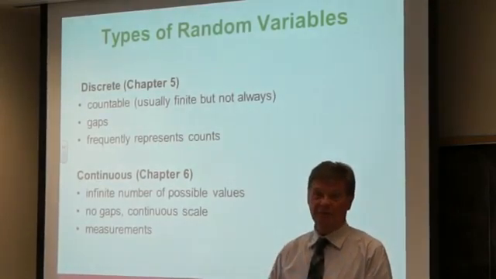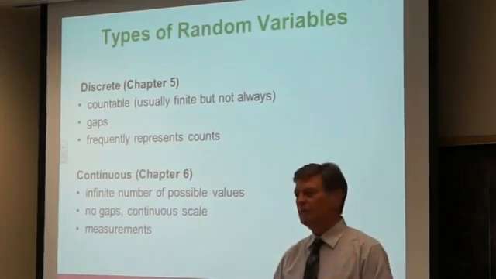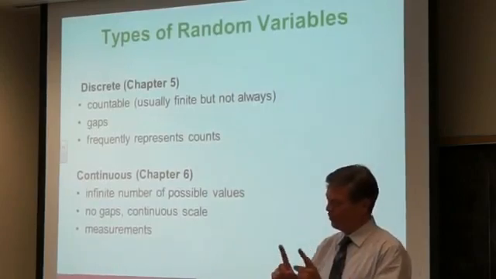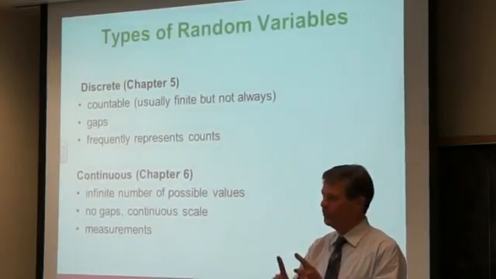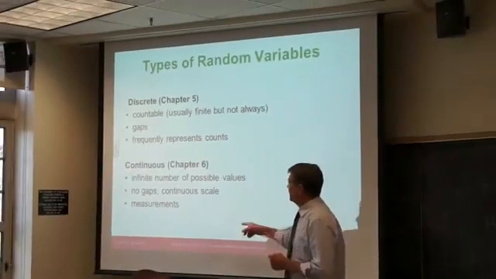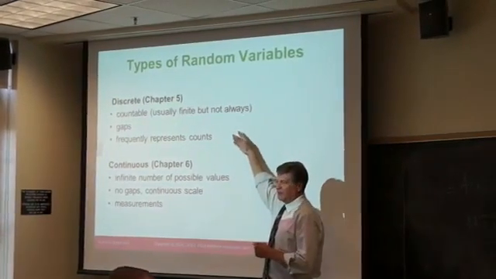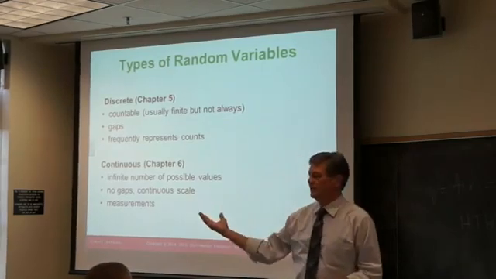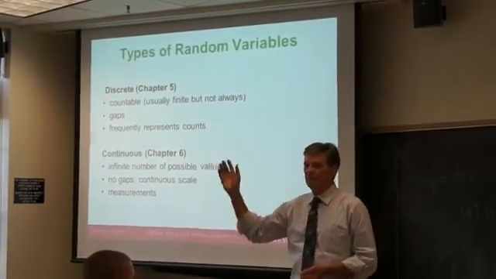There are no gaps. That's what we mean by continuous, no gaps. No matter how close together your two values are, there's always more in between. Whereas discrete are typically counts, these are typically measurements of real world things like height and weight and distance and speed and so on.